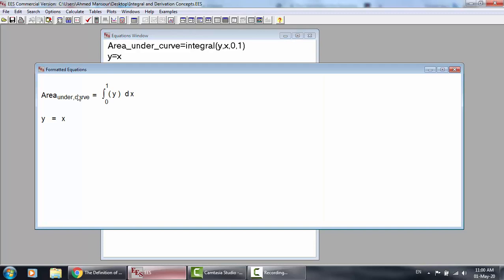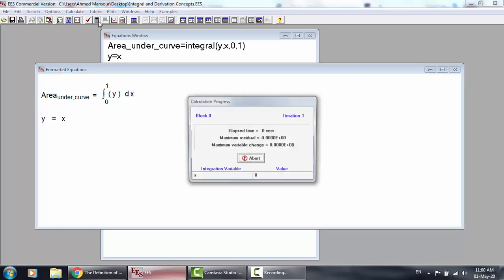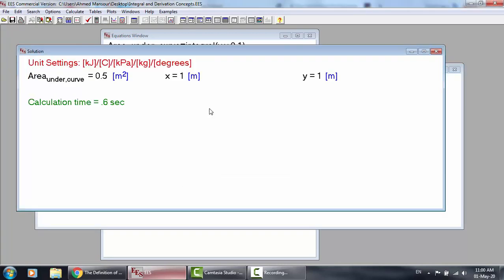So let's see. So this is the area under the curve, so the integral from 0 to 1 of y, which is a function of x. So when you calculate this, the area under the curve is half. So this is the fastest way.